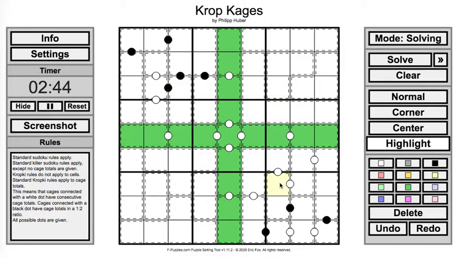Before we do that, we can use a little logic on this cross first, because there's one digit that can be found out relatively easily, and that's the center digit. Because we have consecutive cage totals, we are going to see what the highest total would be that we can put in this whole string of cells.